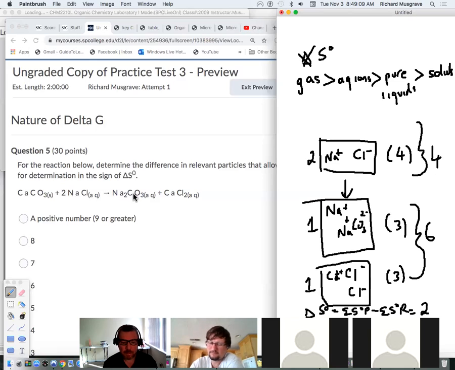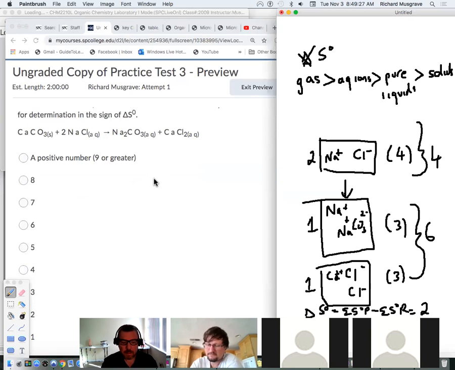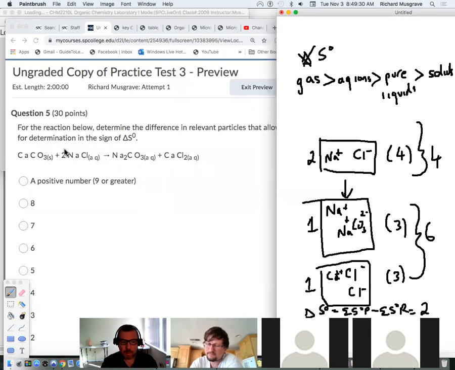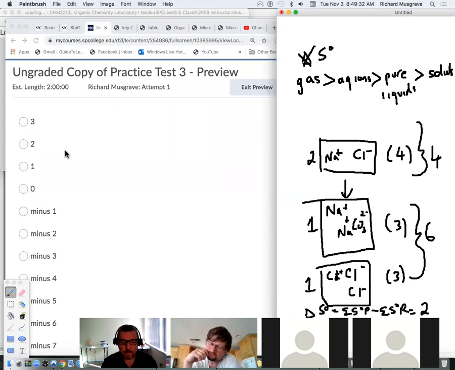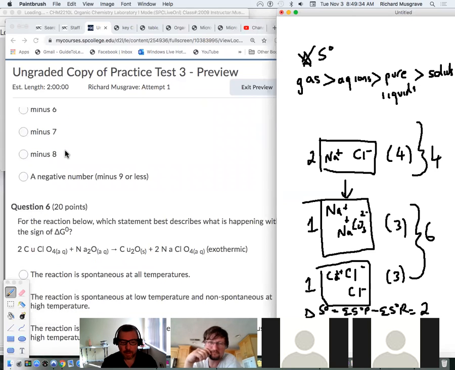So you're always looking for a positive value in that instance. If the solid is on the product side, that represents a decrease in entropy, and I'd be expecting a negative value. Does anybody have any questions about number 5? Anything at all? And remember, I do have videos for all these problems as well, if you get caught up in the wording or whatever.